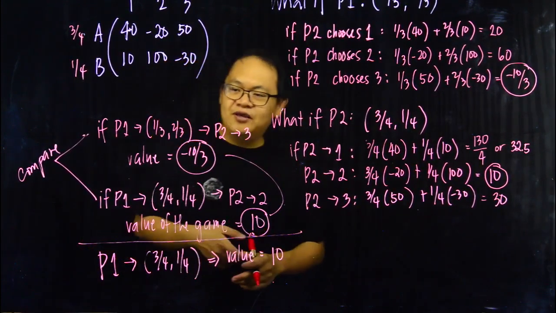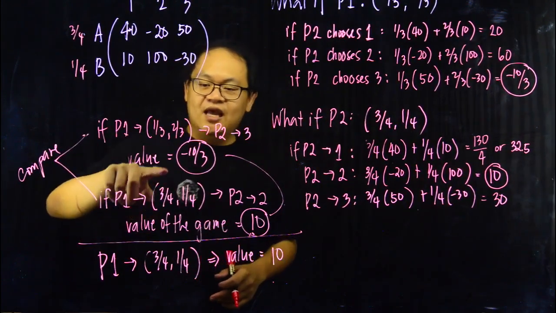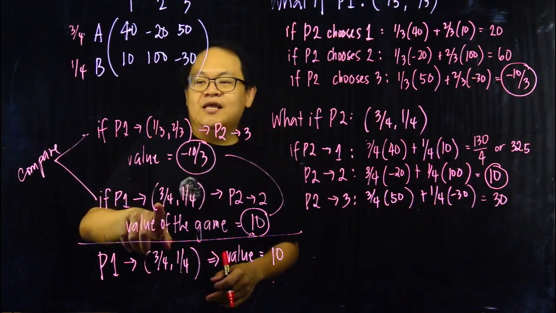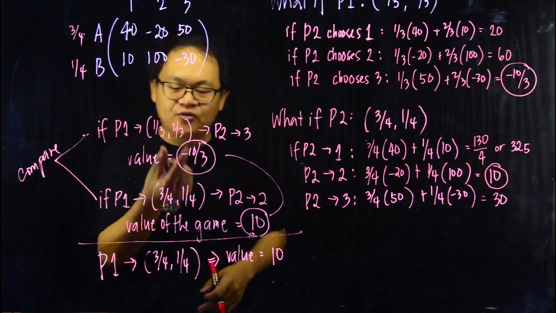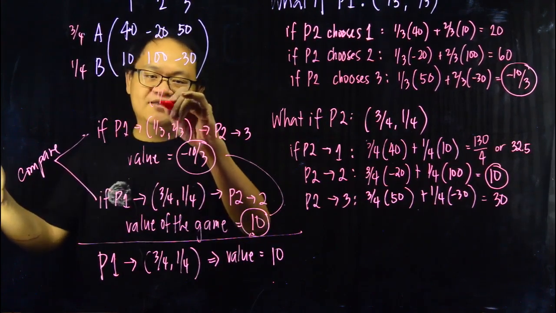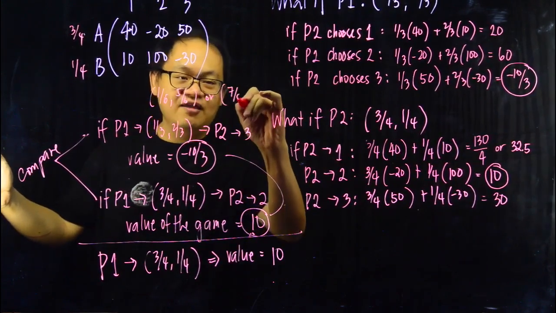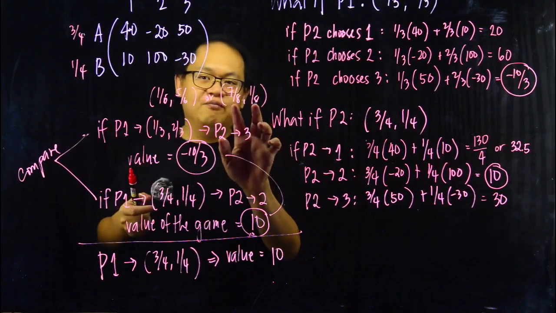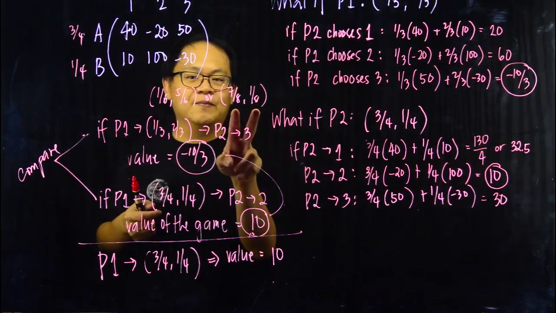But the question now is, are these two strategies the only available strategies for player 1? Can it be, for example, 1/6, 5/6, or let's say 7/8, 1/8, or some other pair of fractions, as long as the sum of the two is equal to 1?